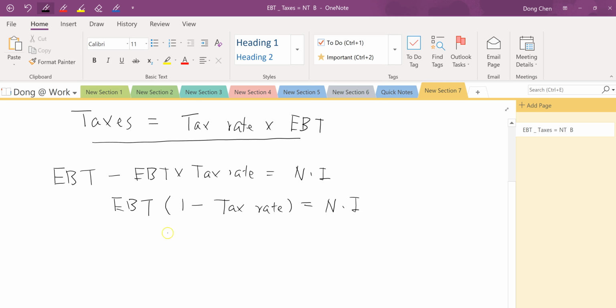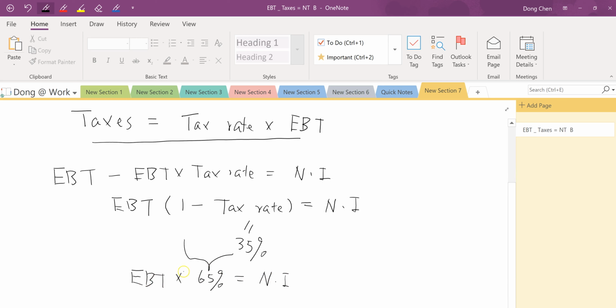So from that, because tax rate is given as 35% here, 1 minus tax rate is simply 65%, right? 1 minus 35 is 65%. So that means EBT times this is net income.